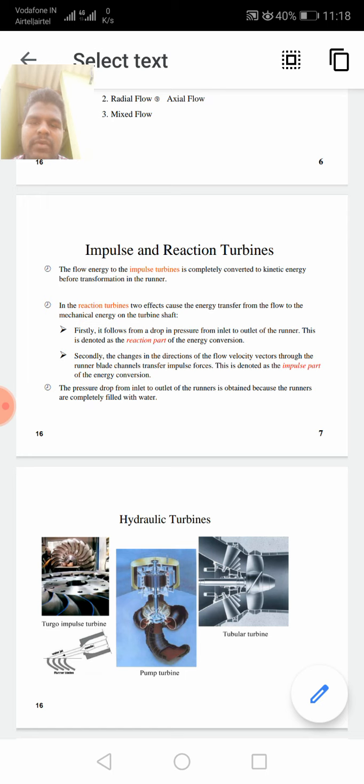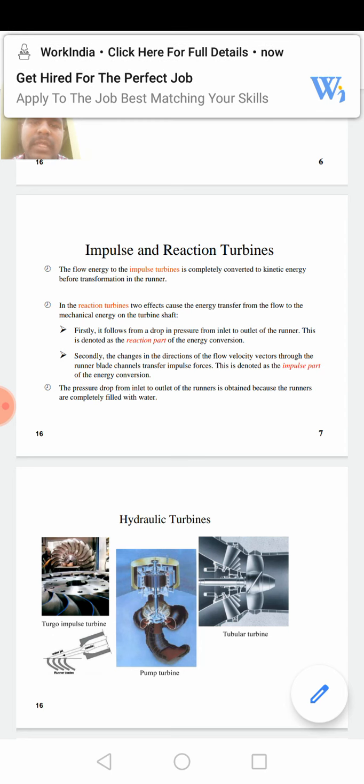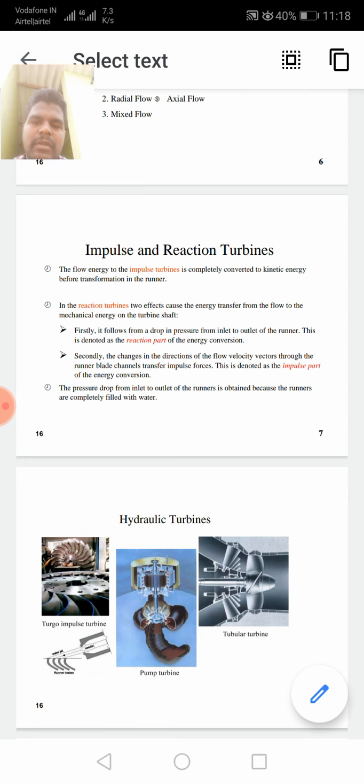Firstly, there is a drop in pressure from inlet to outlet of the runner. This is denoted as the reaction part of the energy conversion. Secondly, the changes in the direction of the flow velocity vectors through the runner blade channels transfer impulse forces. This is denoted as the impulse part of the energy conversion.